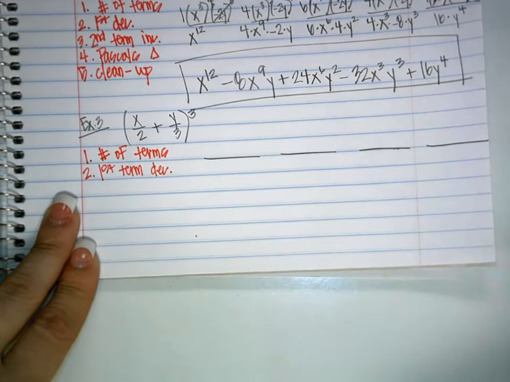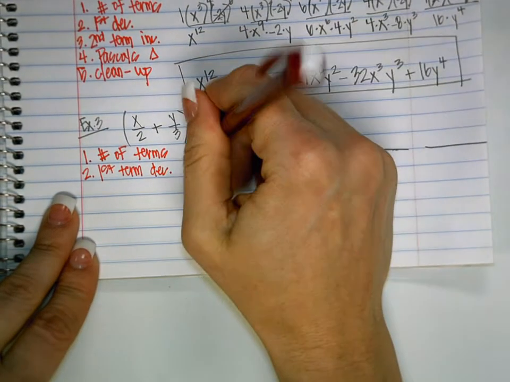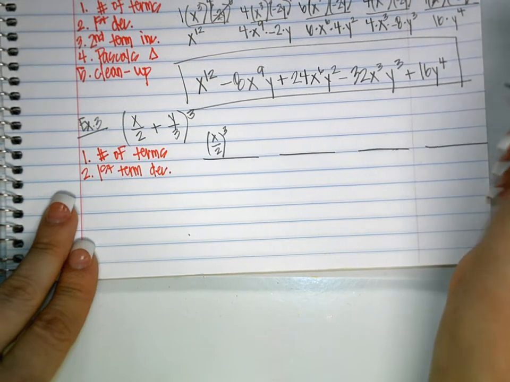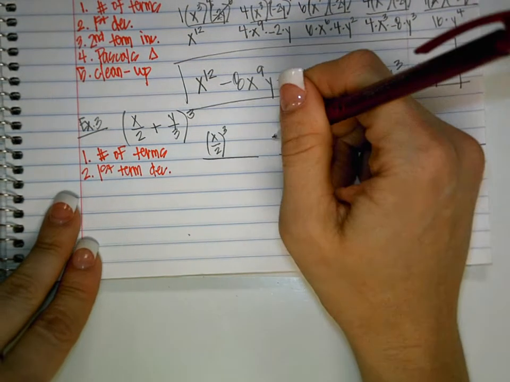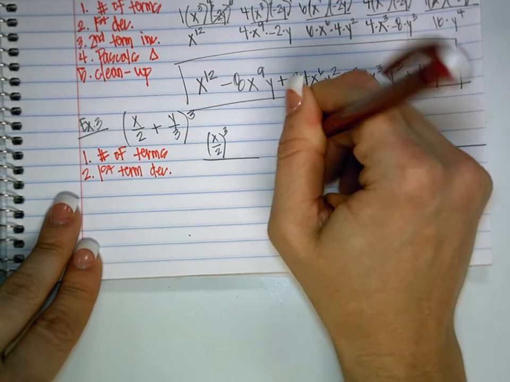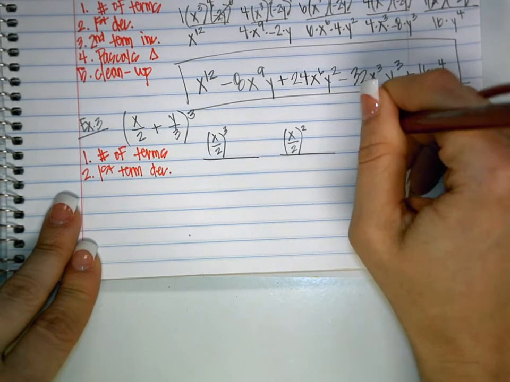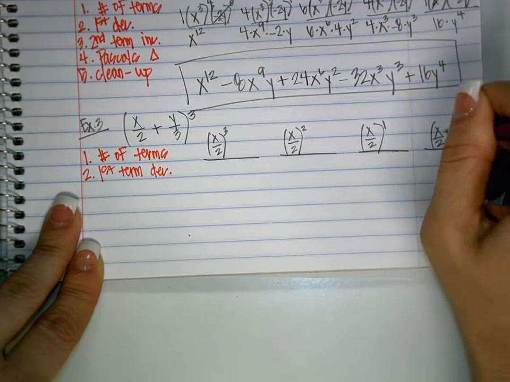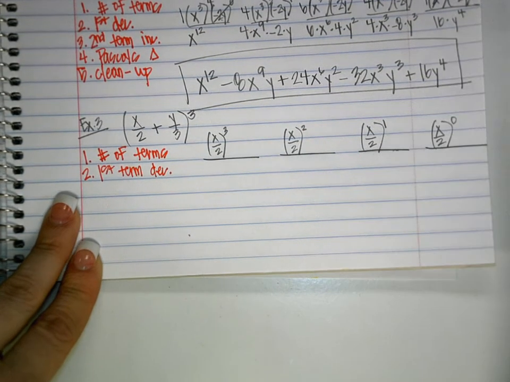Decreasing. So your first term is x over 2 to the cubed power. The denominator goes with it. It is nothing different. So x over 2 cubed, x over 2 squared, x over 2 to the first, and x over 2 to the 0 power.